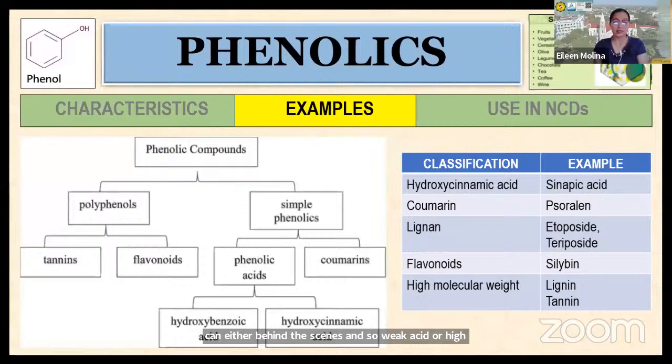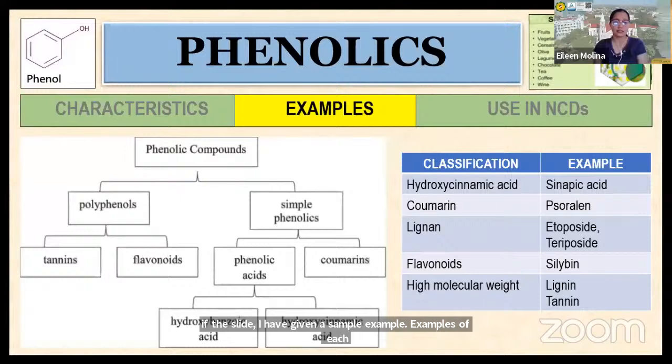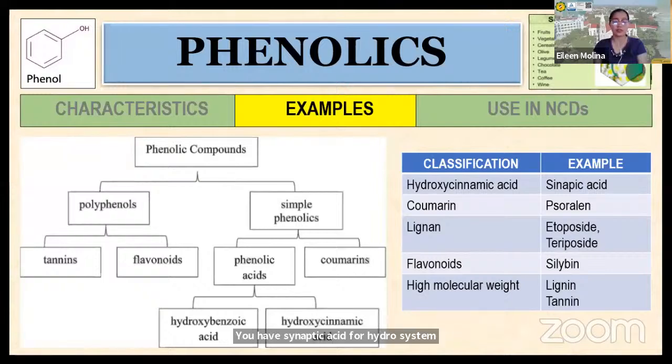So as you can see in the tabulated portion, on the right side of the slide, I have given examples of each classification. We have sinapic acid for hydroxycinnamic acid. We've got psoralen for coumarin. For lignan, we do have etoposide and podophyllotoxin, and for flavonoids, we have silibinin.